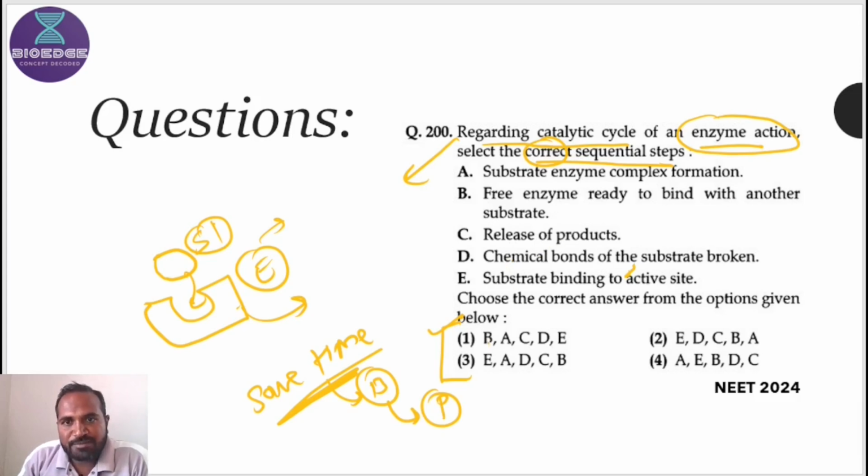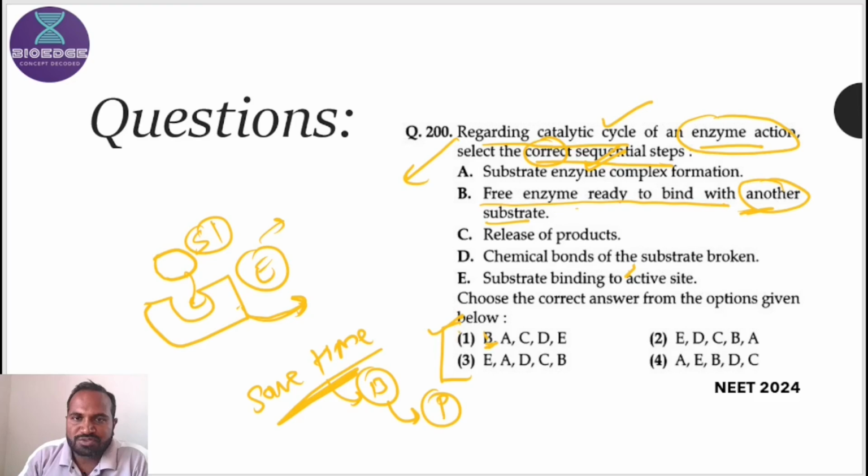So first, option B. Option B says the enzyme is ready to bind with another substrate. Another substrate means this mechanism of action is completed and the next cycle starts, because it works in a cyclical way. So it must be the last step, it cannot be the first step, because we have to find the sequence.